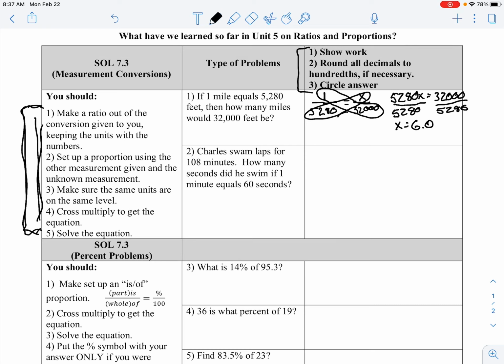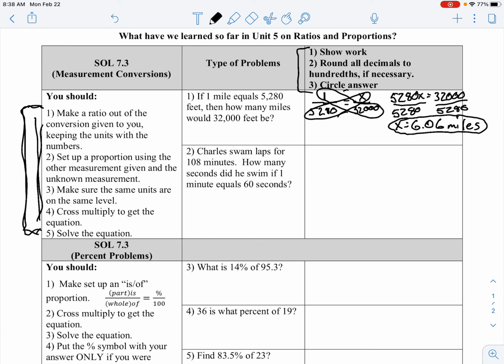Whoops, I got rid of one too many numbers there. And we get 6.06 miles. So not too much work to show when it says show your work. All we got to do is set up a proportion and then solve a one-step equation. And it's asking us to circle our answer. So x equals 6.06 miles there.